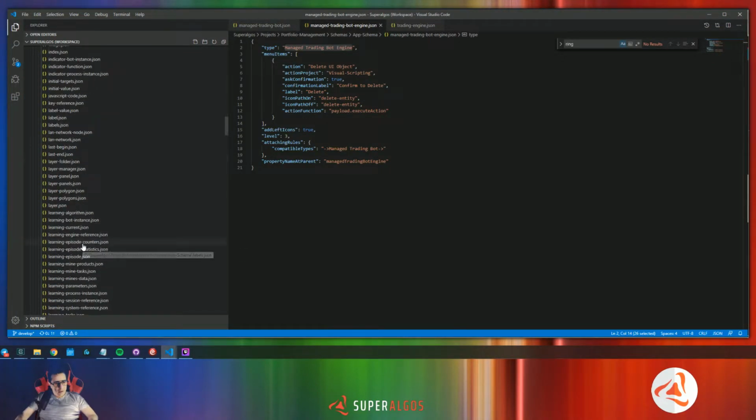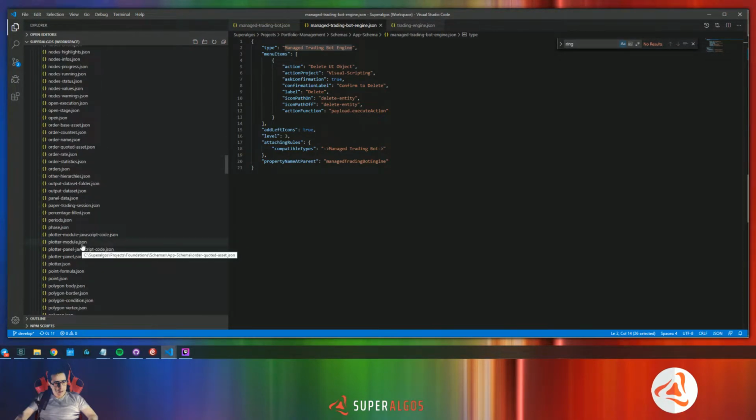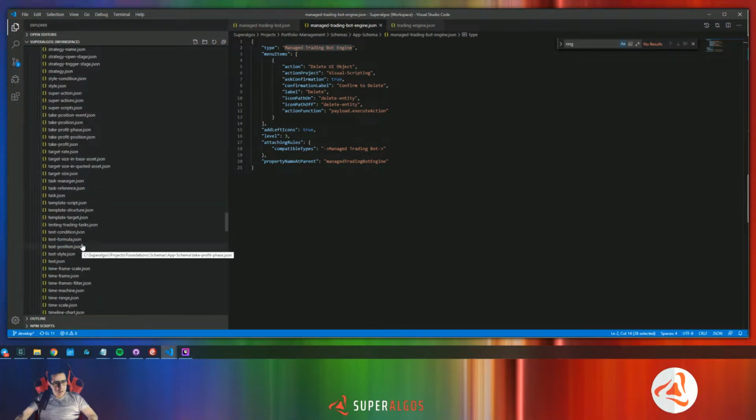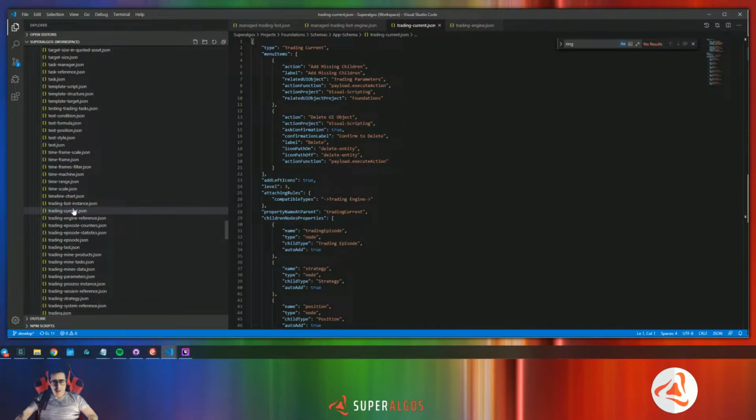We're talking about trading current, USD. Trading current. They will connect there and also here.